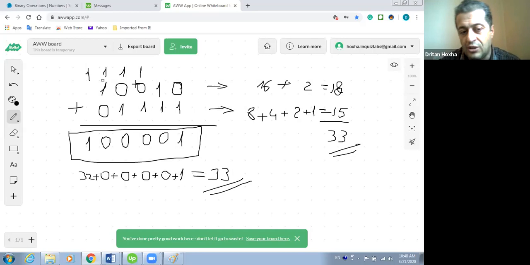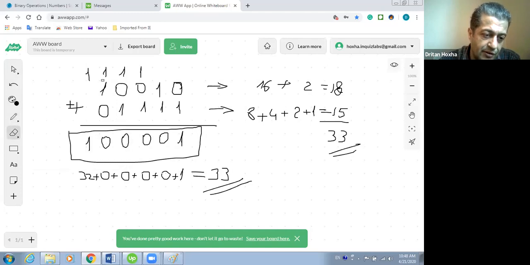Like here, from the units, we carry 1 to the position of tens, because tens are of a higher order than units. So the addition is like this.